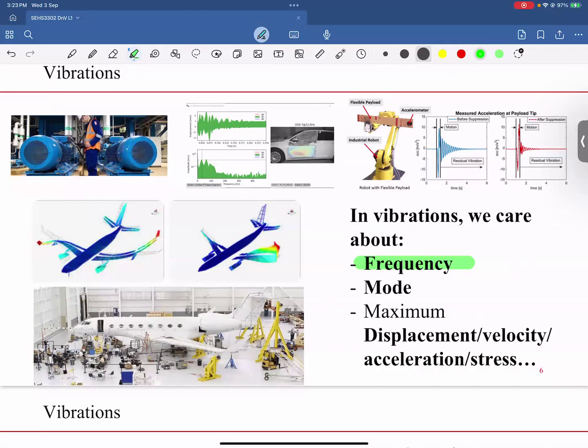And frequency is the item to describe many things, such as our electricity supply. You can see it is 50 hertz on our socket.